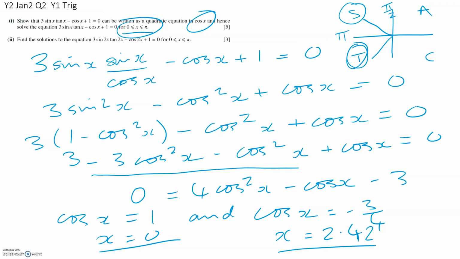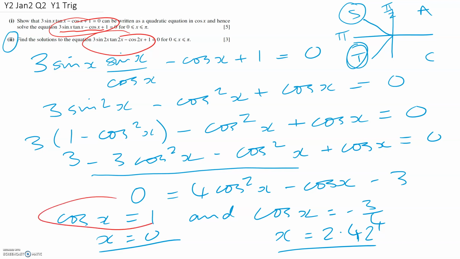For part 2, if we compare the equations in part 1 and part 2, this is exactly the same as this. It's just all the x's in part 1 have been replaced with a 2x. So we can use these answers to part 1, and just instead of having an x here, we replace these with a 2x.